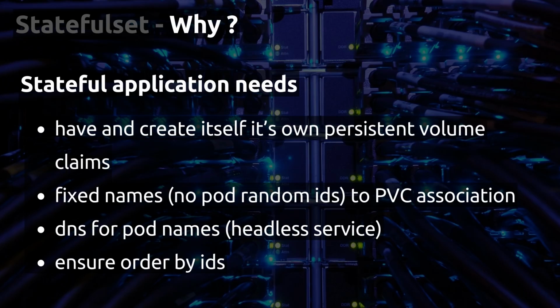And the IDs of each pod, so dash 0, dash 1, dash 2, and so on, are really useful because when you use a rollout replace or rollout restart and so on, you can be sure that everything will be in a specific order, an incremental order, meaning that you start with dash 0, then when dash 0 is up and running, you will restart, for example, dash 1, dash 2 and so on, like that.